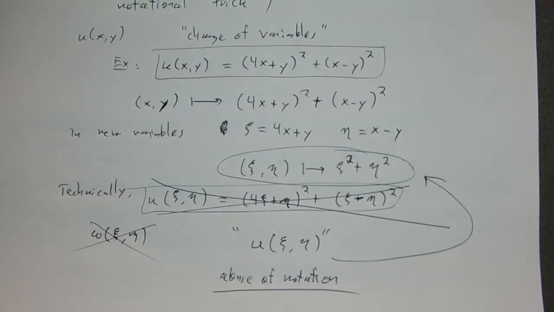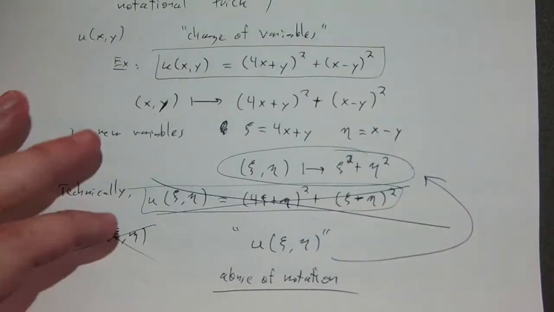Okay, and so how can I use this abusive notation, this little change of variables trick, to solve this previous PDE? So back to my example.